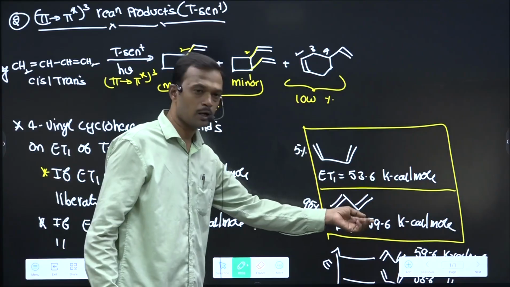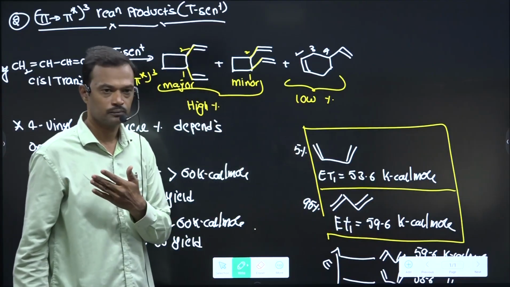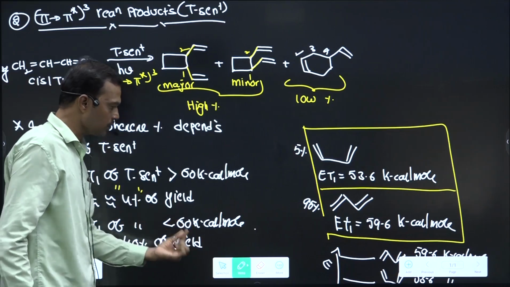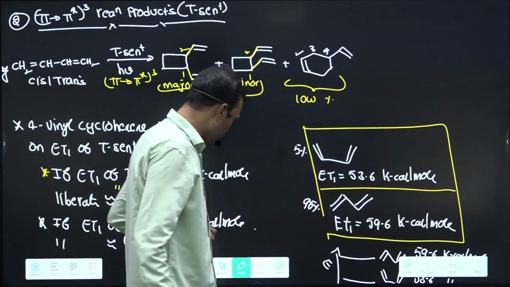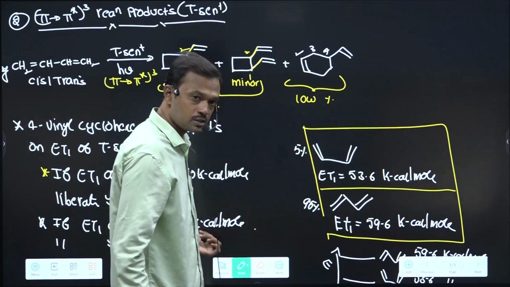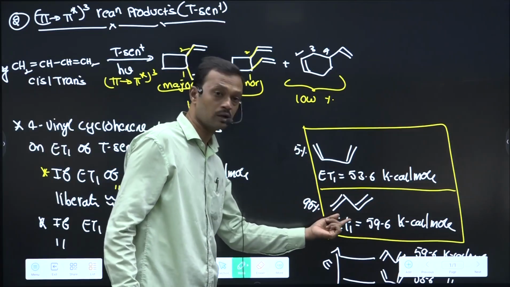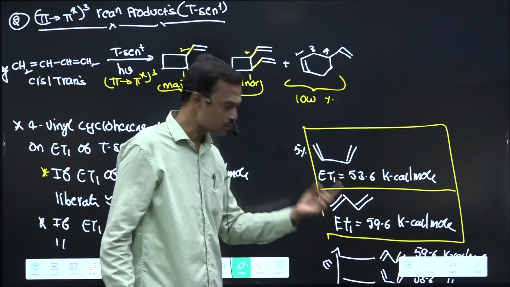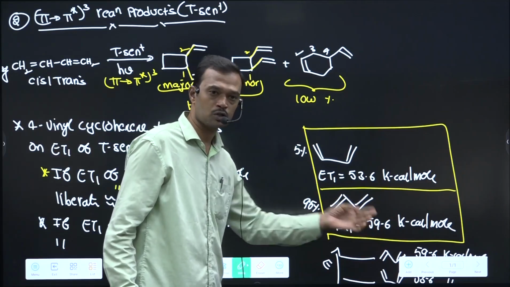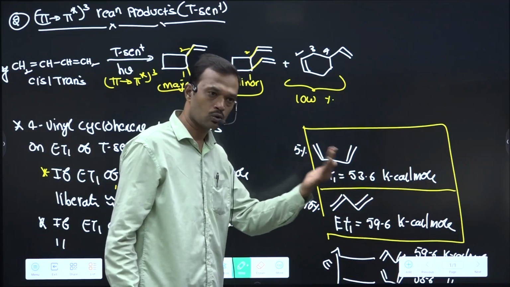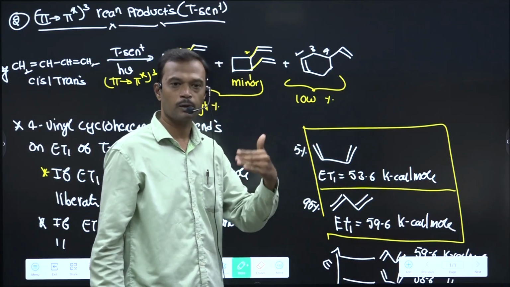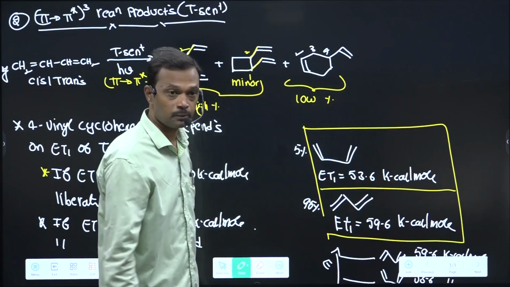Because here 59.6 is almost 60 only. So when ET1 of the triplet sensitizer is less than 60, the energy of the triplet sensitizer is transferred to the cis isomer, not the trans isomer. Less than 60 means approximately 59.6 only, like 59.0, 59.8, 58.8 like that.